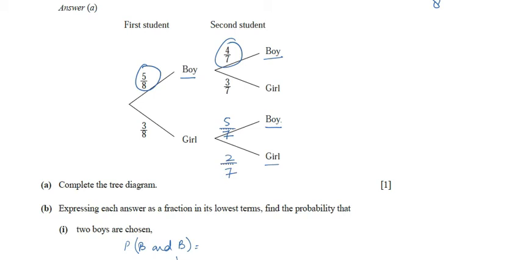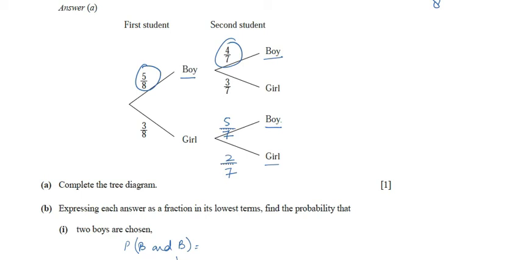So if we subtract the probability of girl and girl from 1, we will get all the remaining probabilities, because the total probability is always equal to 1.